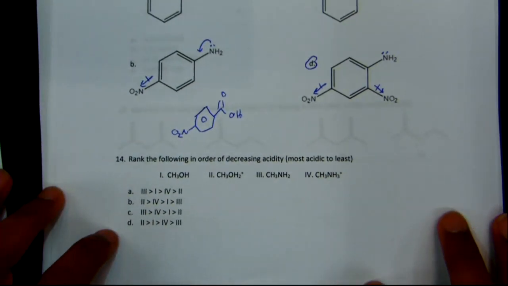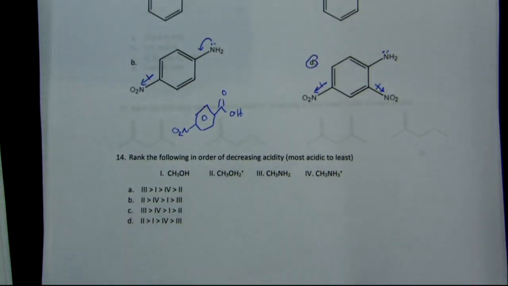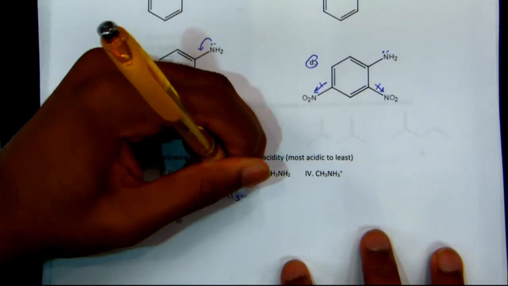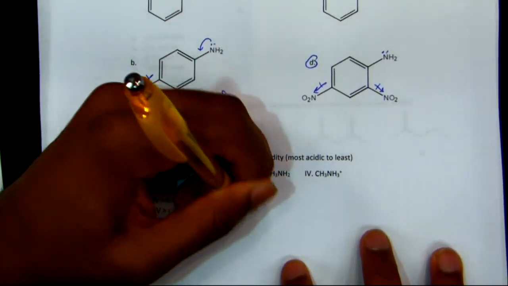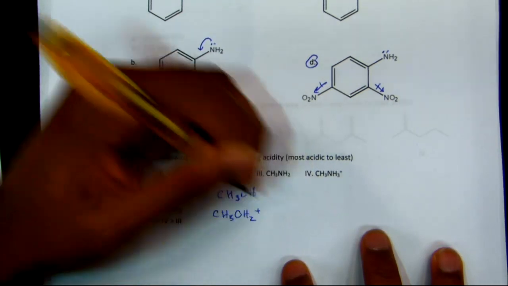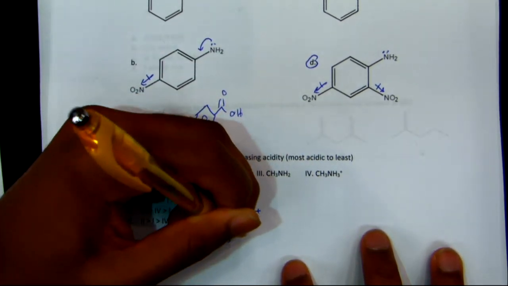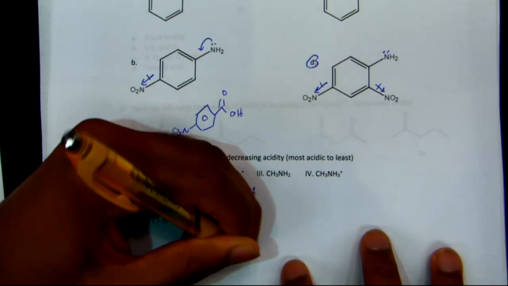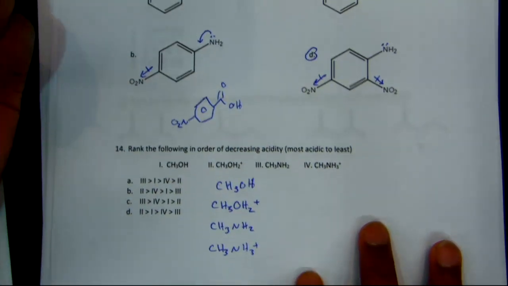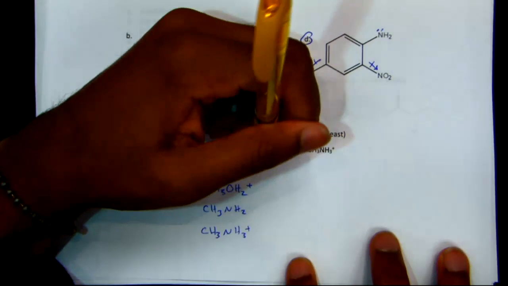All right, so on to, we still got one more. Rank the following in order of decreasing acidity. So when we talk about acidity, first thing we do is look at the conjugate base, right? So let's just do a quick thing. When I say conjugate base, I mean after it's donated its proton.